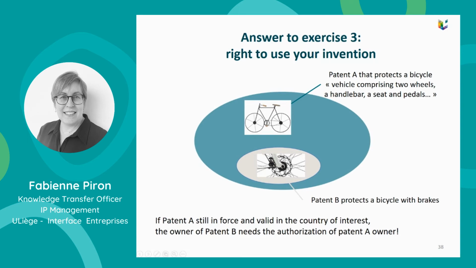If patent A is still in force and valid in the country of interest, then the owner of patent B needs the authorization of the patent A owner. Also, the owner of patent B has the right to prohibit others from using his technology, to produce or to sell a bicycle with brakes, and if he doesn't give the consent, then a third party cannot use this technology.